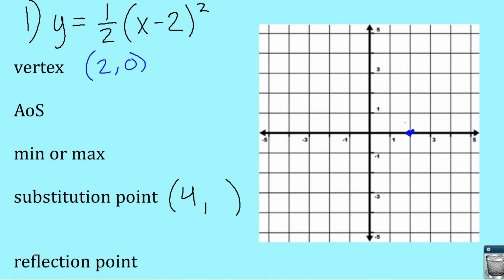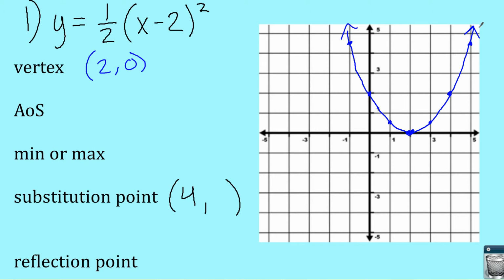You might want to pause the video. Okay, so when you get your table, you should have graphed this.